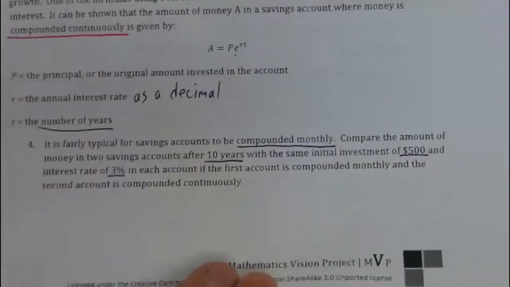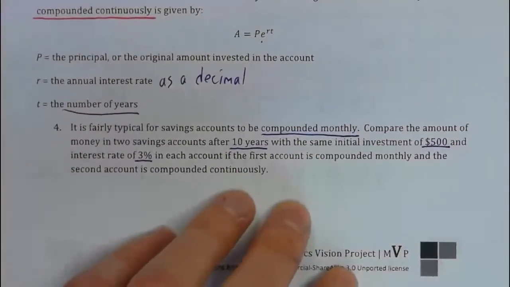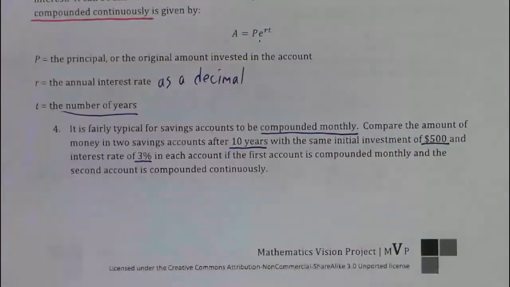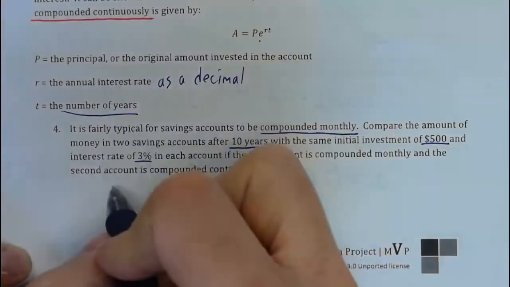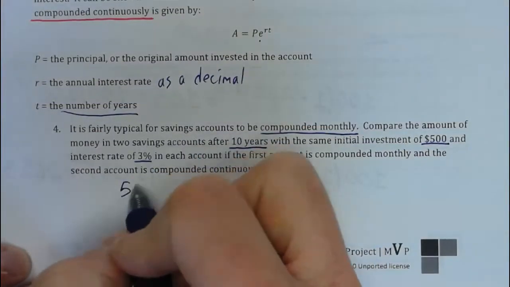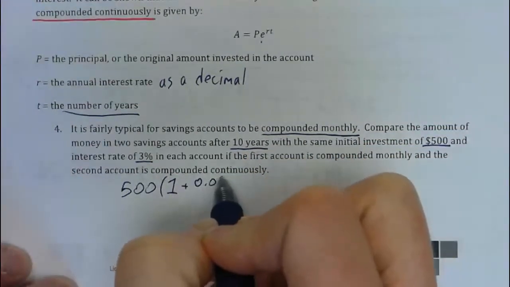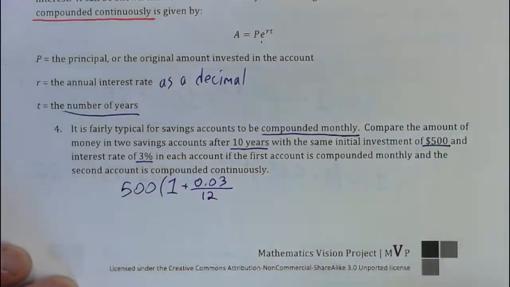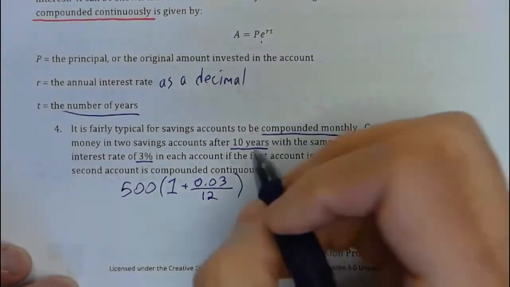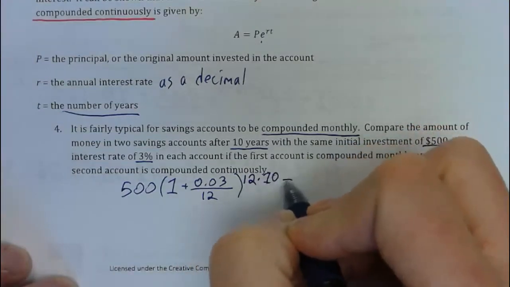So let's find those two values, which are going to be a little different, on our calculator first. Let's do monthly first in blue. So that would be $500, 1 plus 0.03 divided by 12, since we're compounding monthly for this one, and then 12 times 10 years.